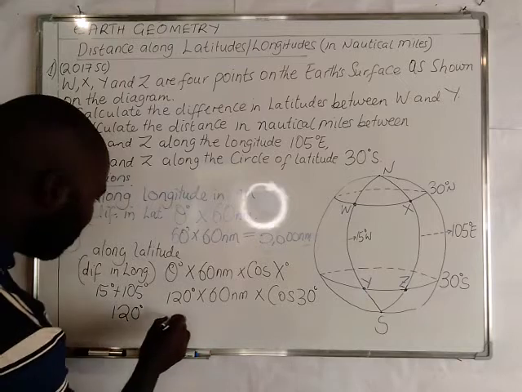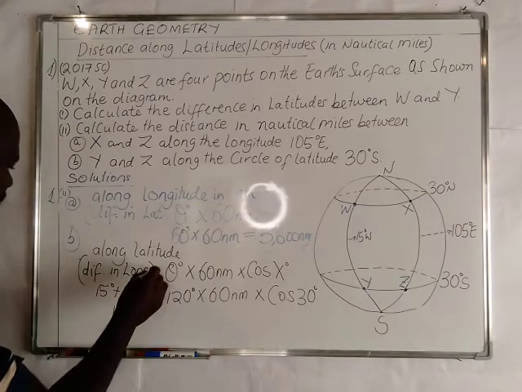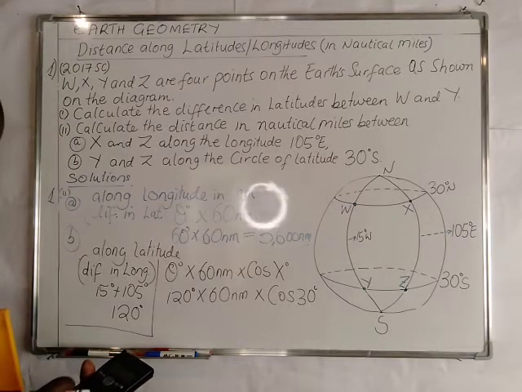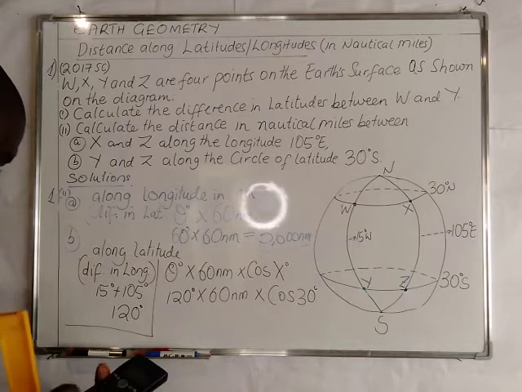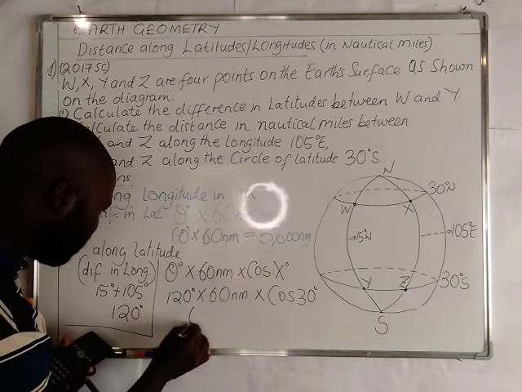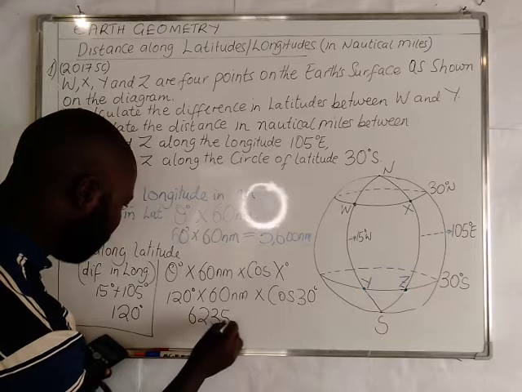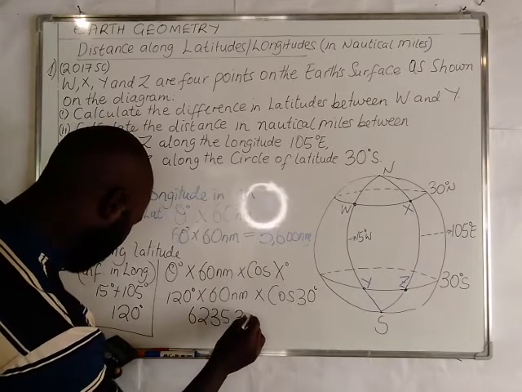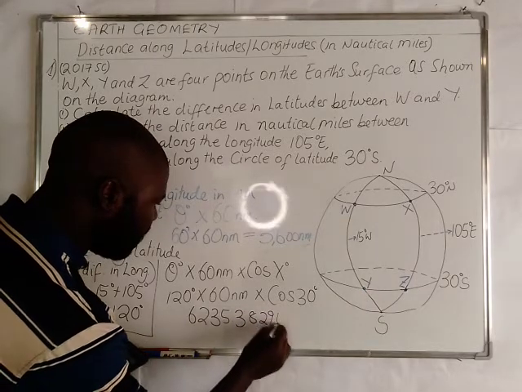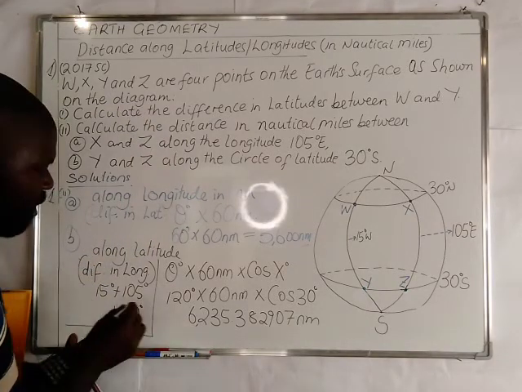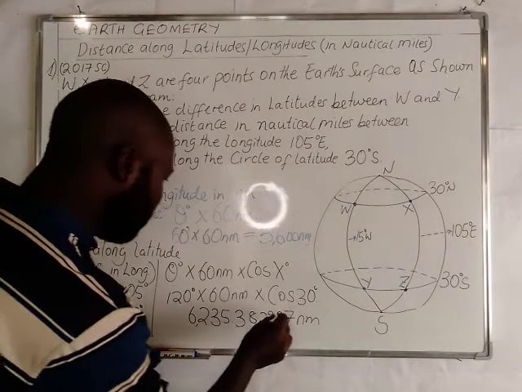So basically, this is where we are going to get our distance between y and z. So when we say 120 by 60 by cos 30, our answer will be 6,235.38290.7 miles.